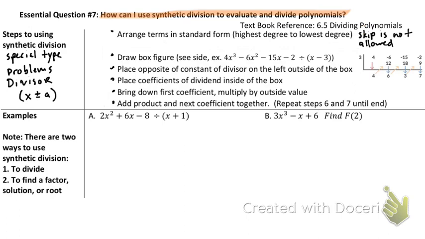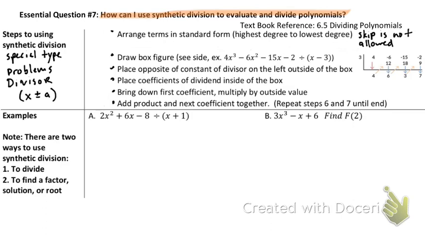So let's do this. I'm going to start in step 2 here, and steps 1 and 2 I'm going to put together. We're going to draw this box that you see over here on the right. We're going to set up our problem like that. I'm going to take each coefficient, as long as I have not skipped a power, and write it down.